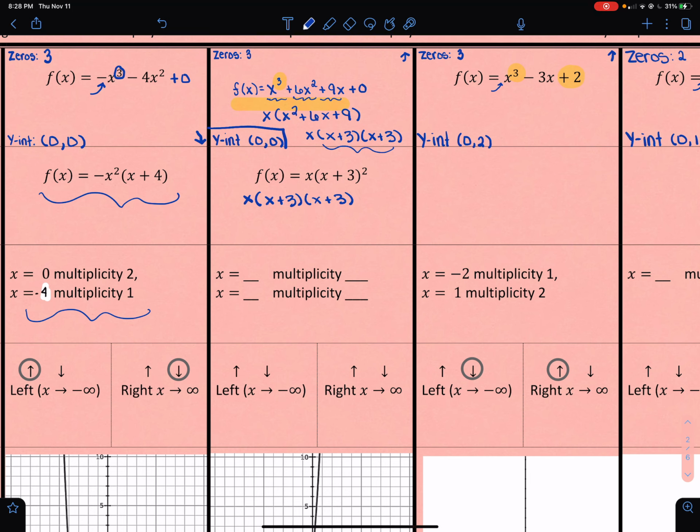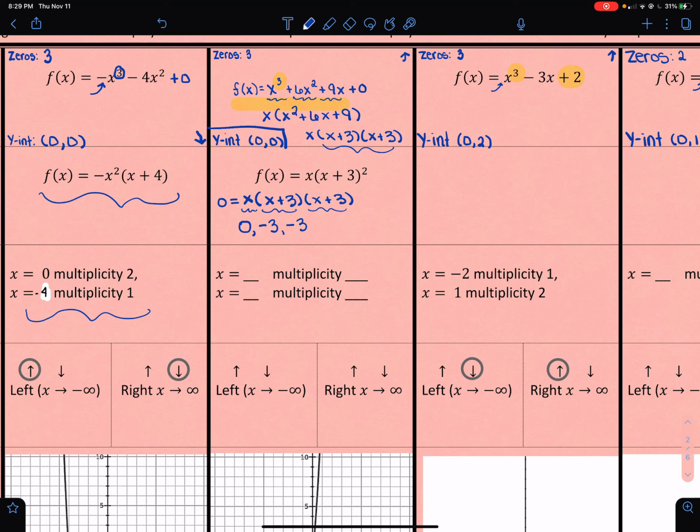Now, if I wanted to actually solve it, remember that we set all of this equal to 0. So on this first one, we've got x equals 0. So that would be one of our factors. On the next one, where it's x plus 3, that means x equals negative 3. That's another one of our factors. And then on this third one, it's x plus 3, but when we solve it for x, we get negative 3.